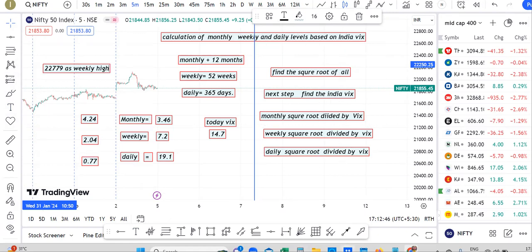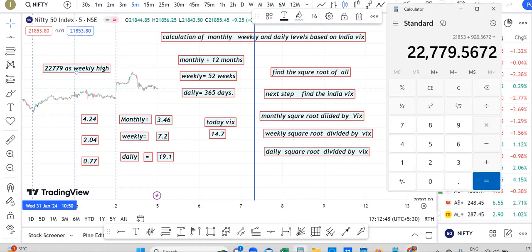Now, again, I'm calculating the monthly low. Same procedure. 21,853 minus 4.24.